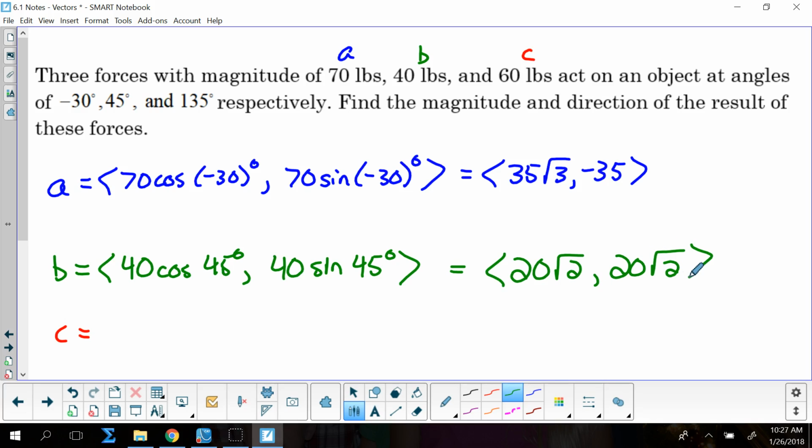Now, you might have rounded those. This one would have been 60.6218-ish, and this one would have been 28.2843.